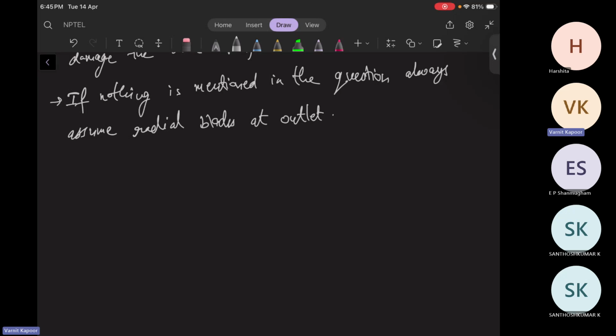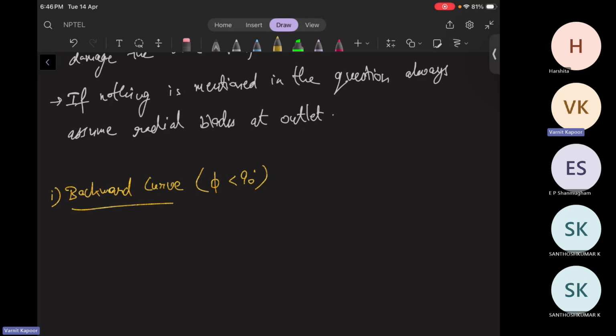Okay. Let me draw the figures of the outlet as well. The first one is backward curve, where phi is less than 90 degrees.